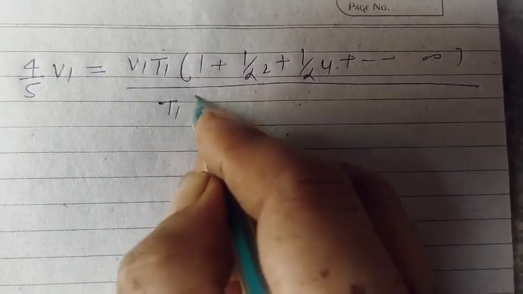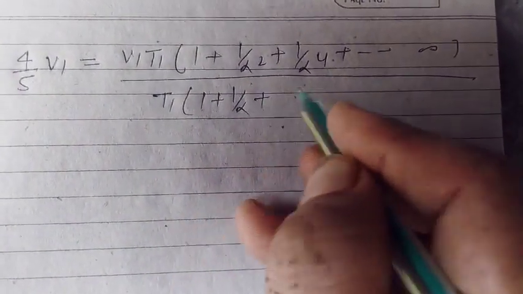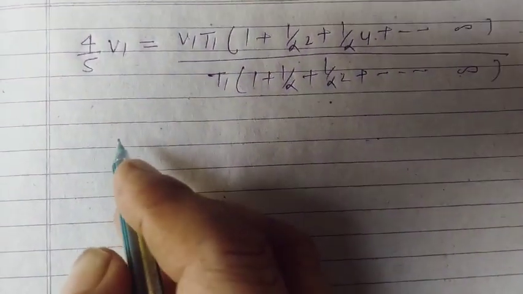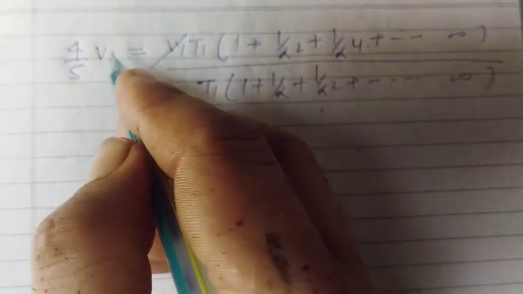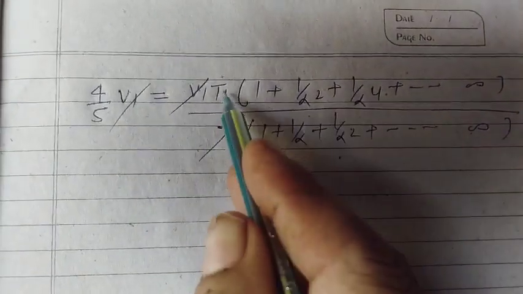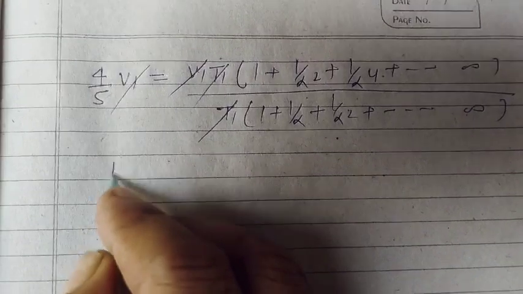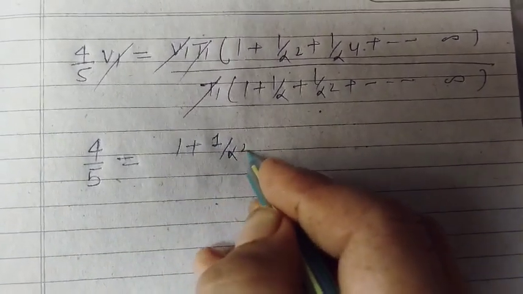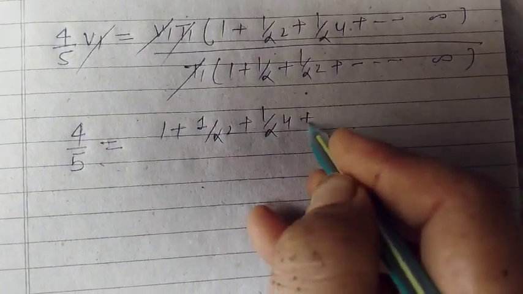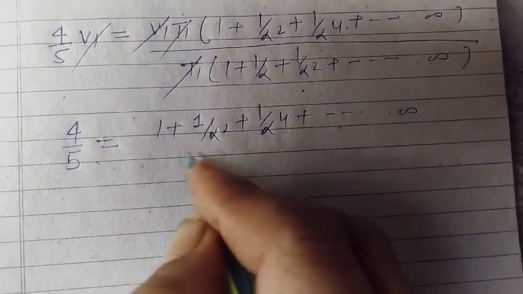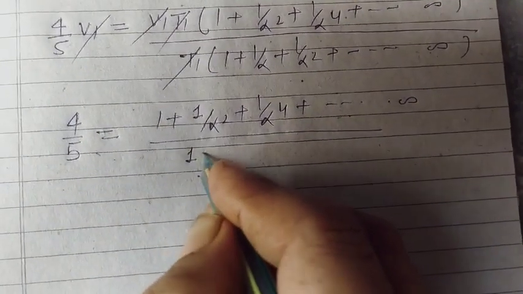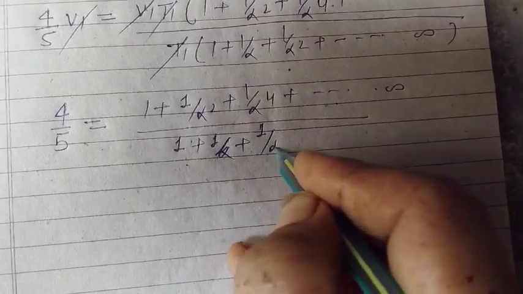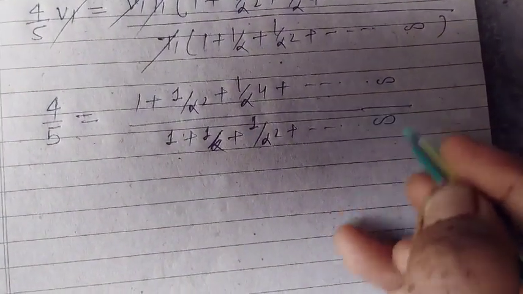Here t1 is common in the denominator, so 1 plus 1 upon alpha plus 1 upon alpha square, and so on up to infinity. Here v1 cancels out from both sides and t1 cancels out from the denominator and numerator. So 4 upon 5 equals 1 plus 1 upon alpha square plus 1 upon alpha to the power 4, and so on, over 1 plus 1 upon alpha plus 1 upon alpha square, and so on.